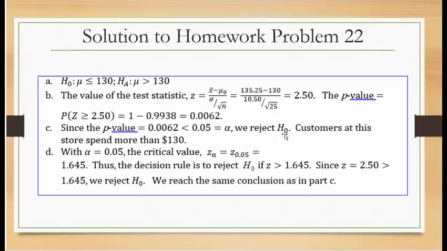It's more representative. Just think about if we had an n of 1, then we'd have a standard deviation of 1050. If we had, say, an n of 4, then we would take the square root of 4, which is 2, and so now our standard deviation would be 525. See how that changes it. But an n of 25 is sufficiently large to suggest that 135 is indeed statistically different than 130.